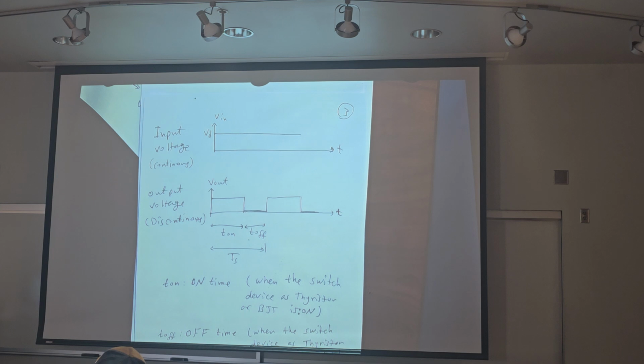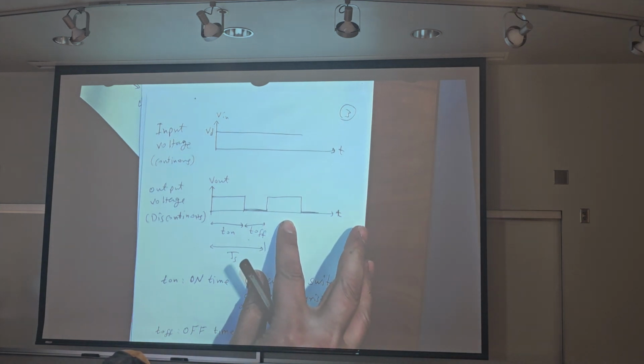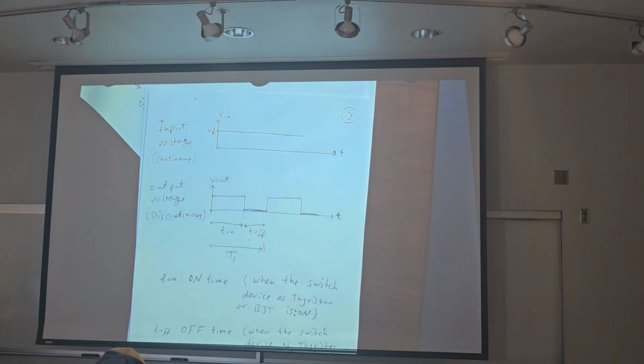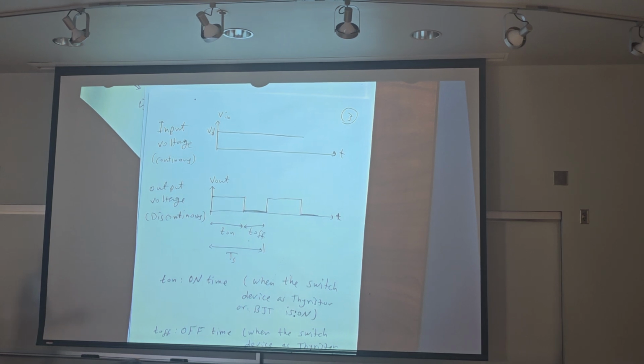Any question about this one? This TS will be repeated n times. Maybe this signal is repeated 20,000 or 10,000 or 5,000 or 1,000 times, depending on the frequency of the switch on and off.